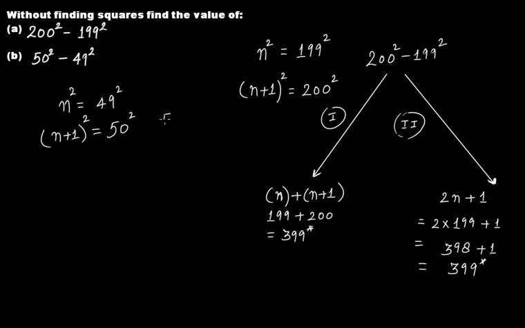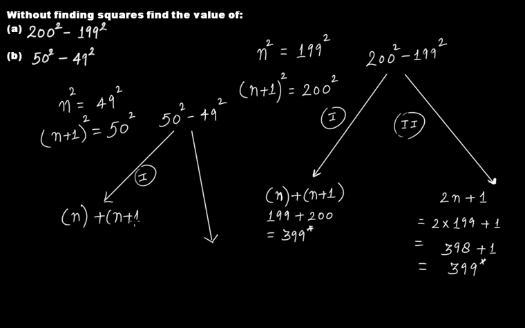If you have to find the difference without finding their squares, then you can find it in two different ways. The first one is n plus n plus 1, that is 49 plus 50, which gives you 99.